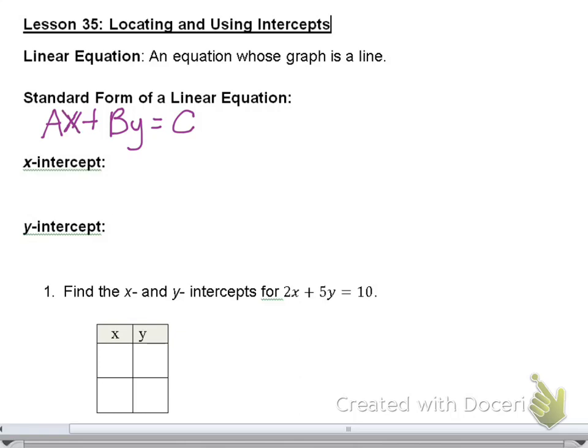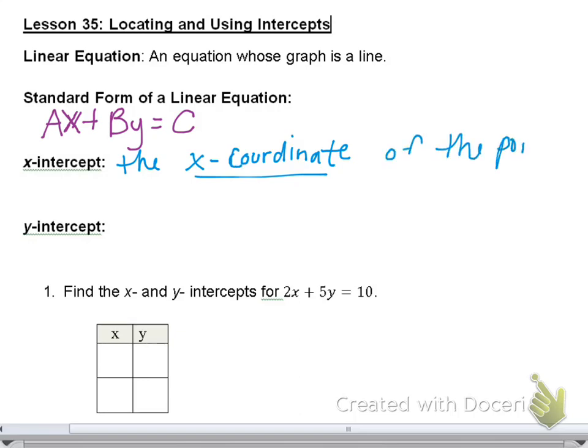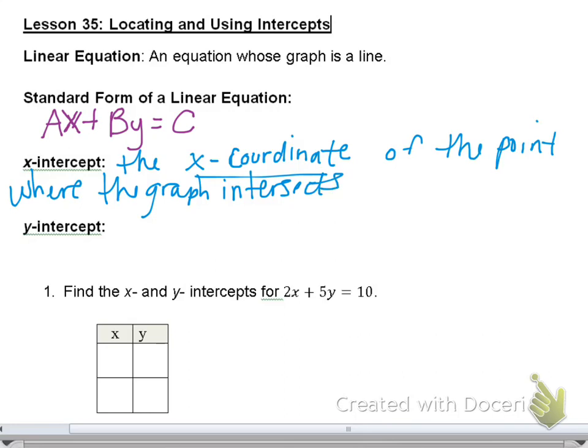My x doesn't look very good here. Okay, ax plus by equals c. And you should know what an x-intercept is already, but it happens to be the x-coordinate. We usually only give the x-coordinate when we're talking about x-intercepts, of the point on the line where the graph intersects or crosses the x-axis.